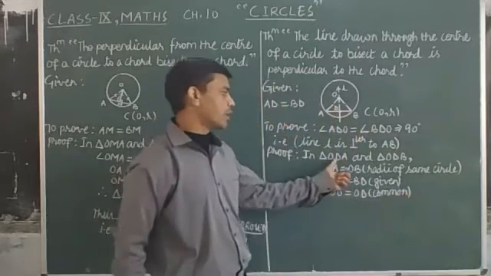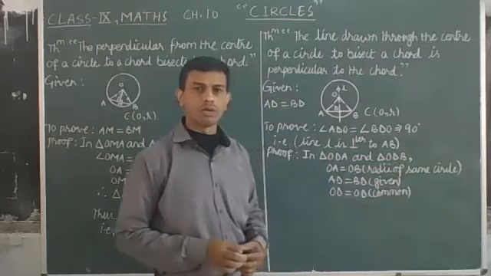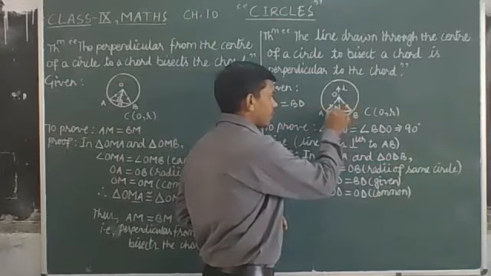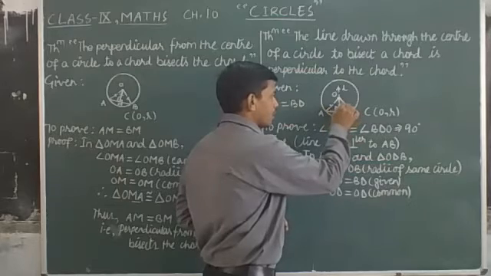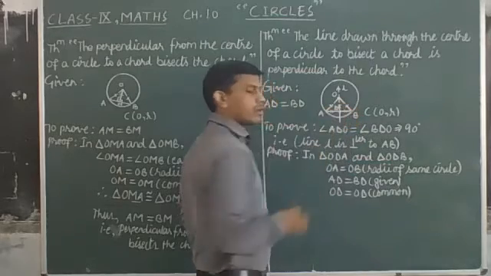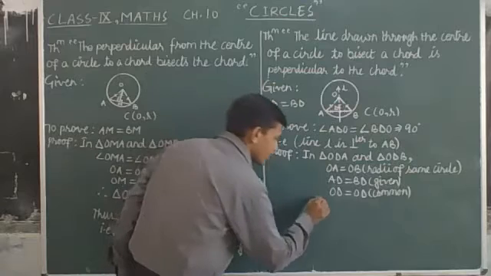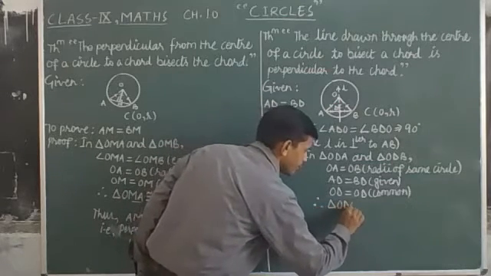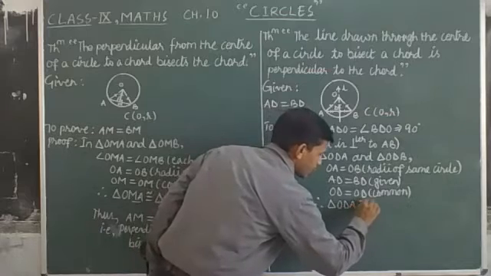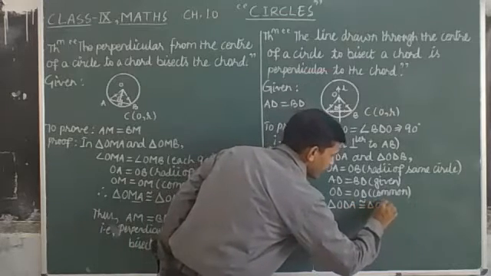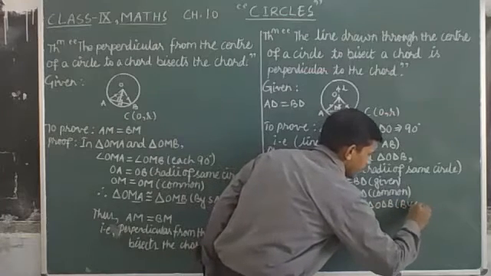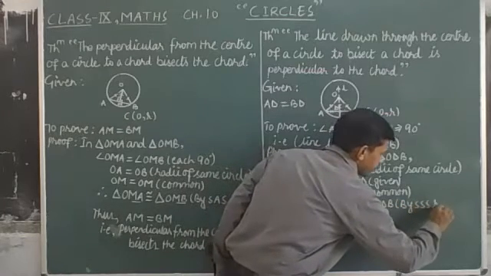Therefore, triangle ODA is congruent to triangle ODB by the SSS rule.